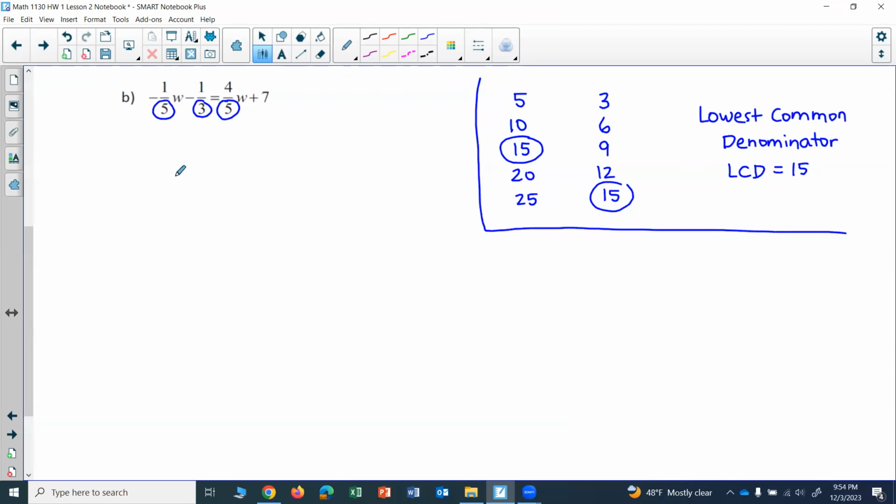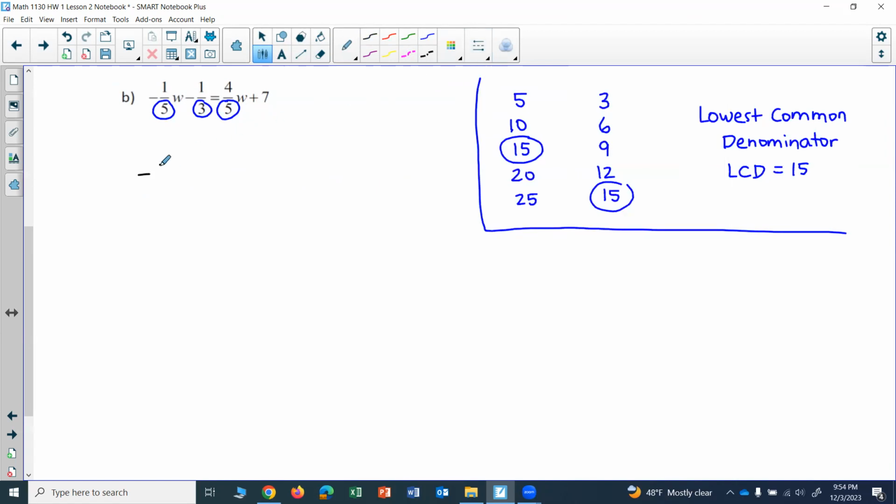All right, now here's the trick, is you take that lowest common denominator, you're going to multiply every single term in your equation by that lowest common denominator. So let me rewrite my equation, and I'll leave a little space between each term.